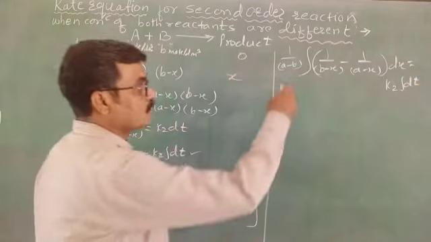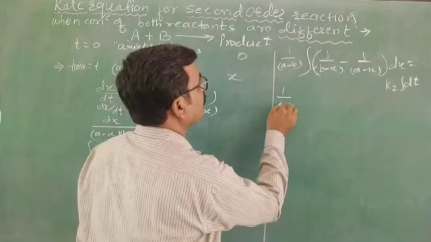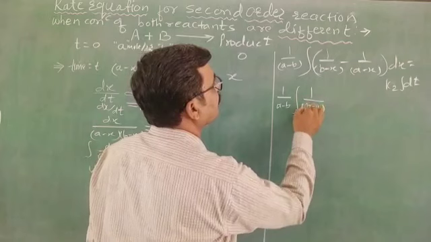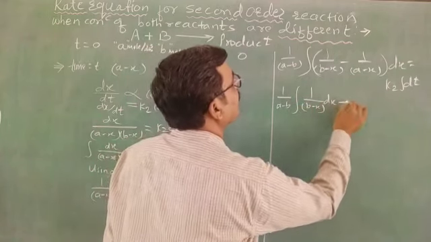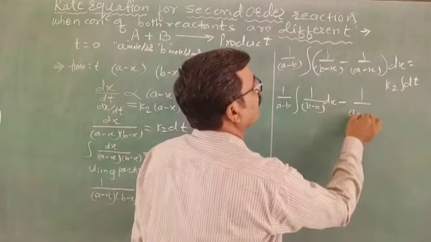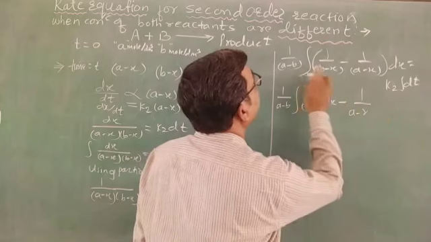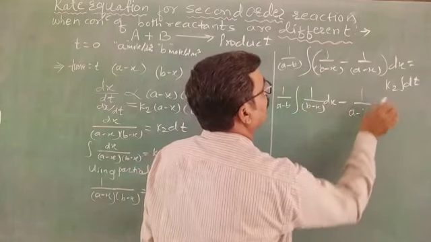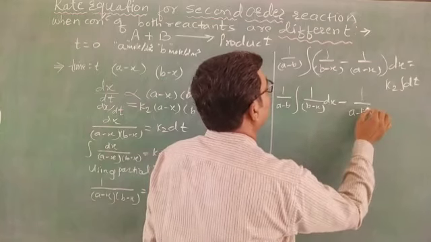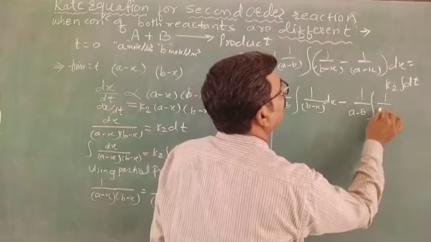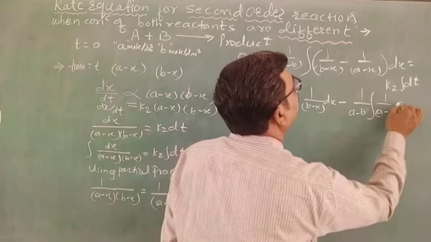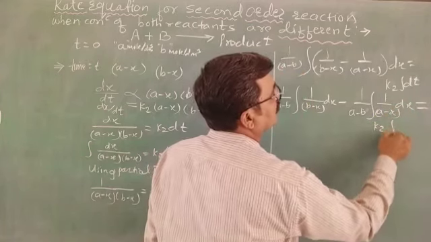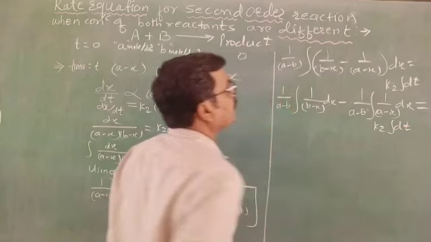Okay, now further solving this, 1 upon a minus b into integration of b minus x into dx minus 1 upon a minus x. a minus b is common for this, that's why 1 upon a minus b into integration of 1 upon a minus x into dx is equal to k2 into integration of dt.